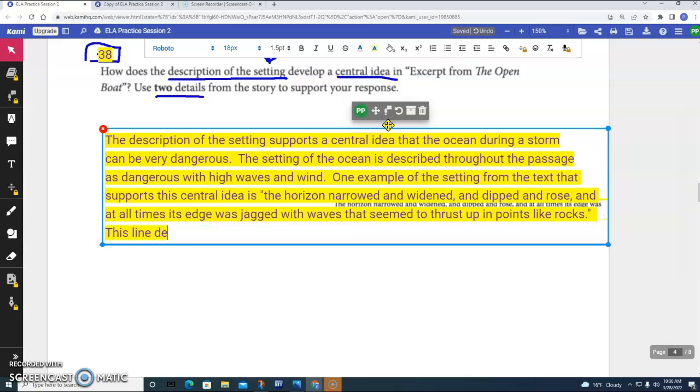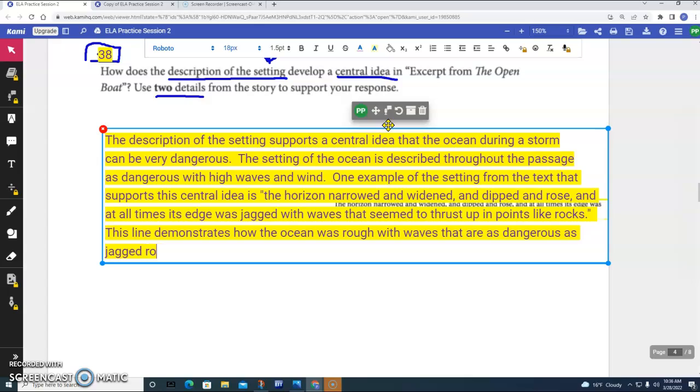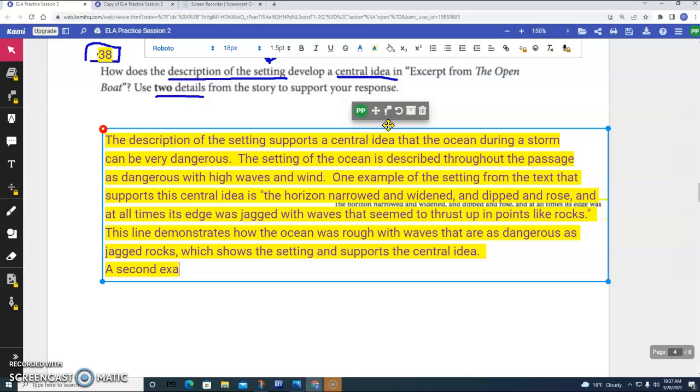This line demonstrates how the ocean was rough with waves that are as dangerous as jagged rocks, which shows the setting and supports the central idea.